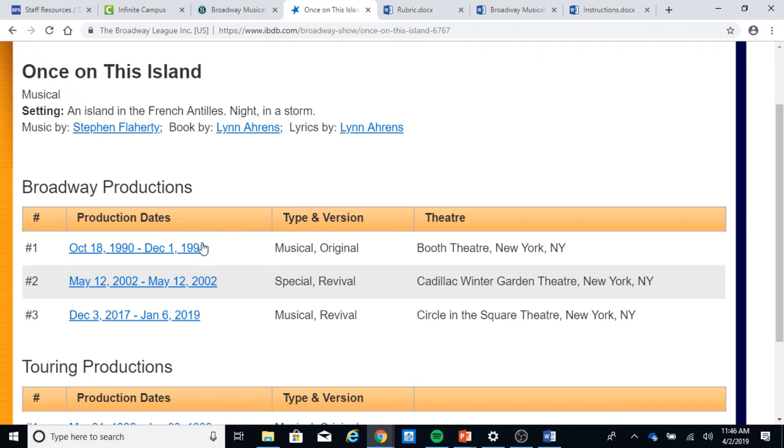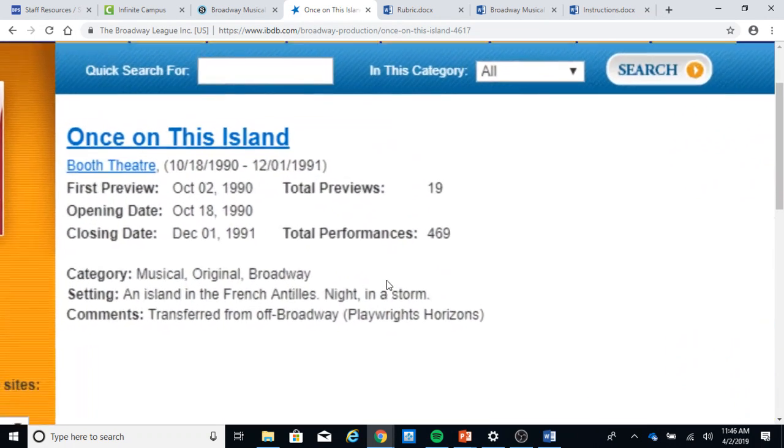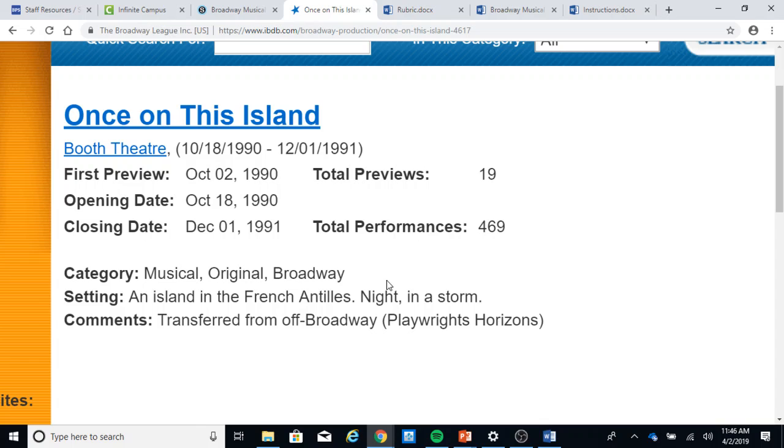Good. So now we're going to click on it because there's more information to be had. Okay, so what information here do we need? What information here do we need, guys? The first preview date.